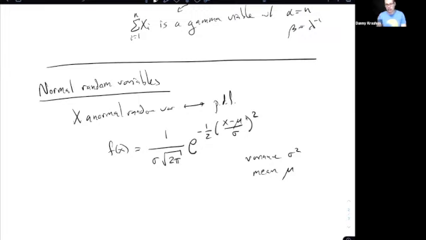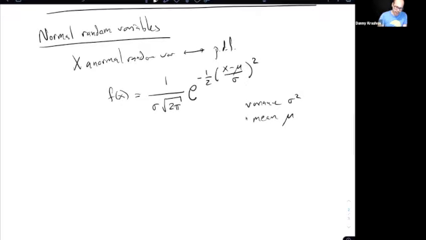We'll remind you of that very soon. But in any case, this normal random variable comes up a lot in terms of repeated measurements of any other random variable that you might think of. Okay, so this is the normal random variable.